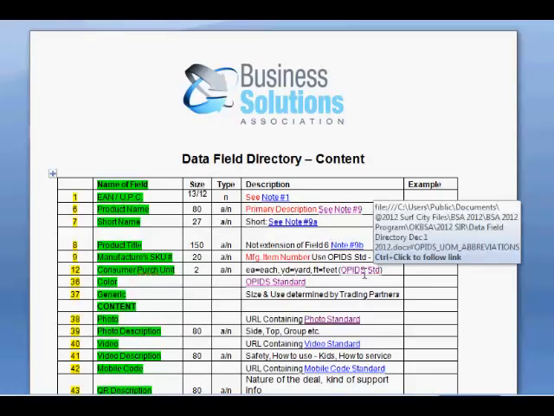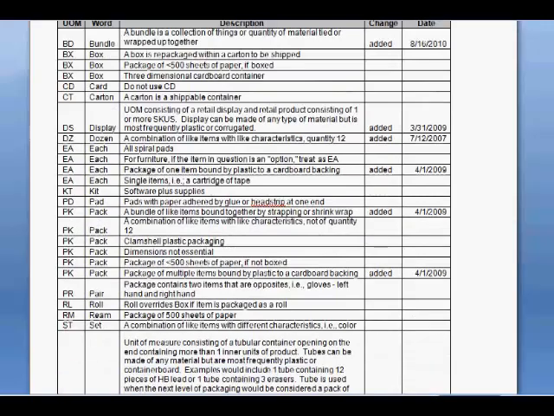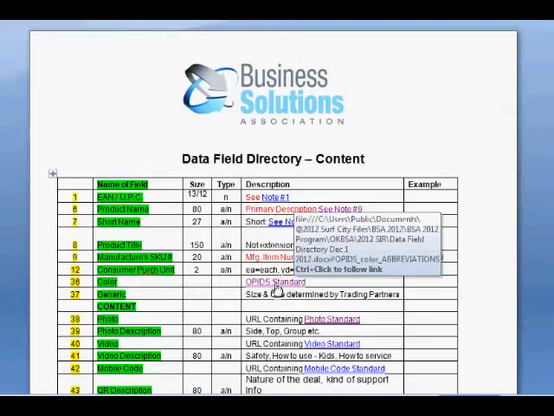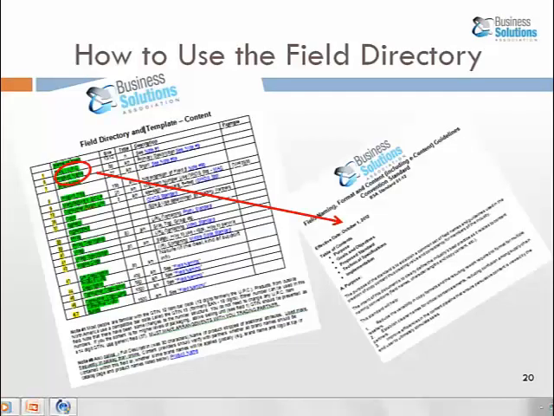Additionally, we can also find OPID standards for consumer units and the standard for colors. The field directory is a hypertext linked document that enables you to drill down from the field layout template to the notes and then to the standard itself. We'll show some examples.